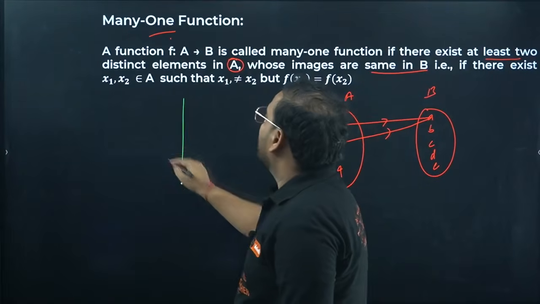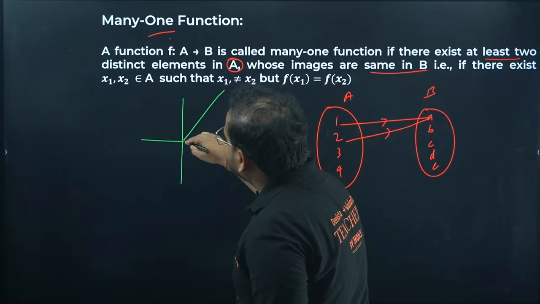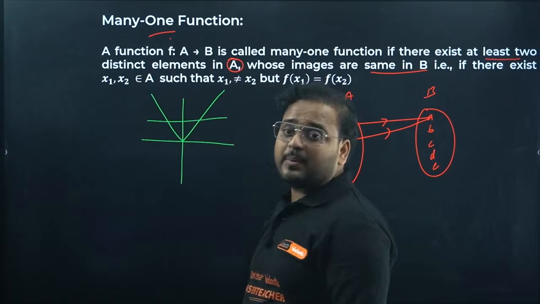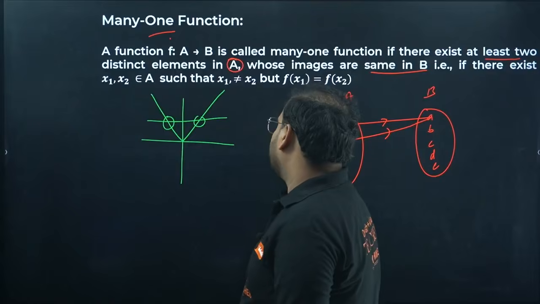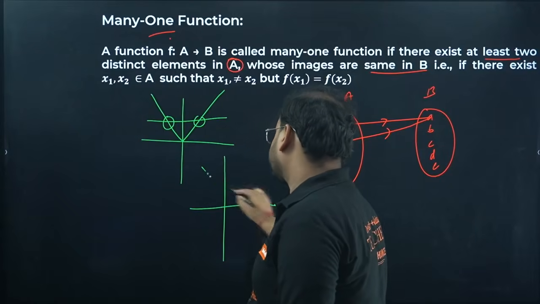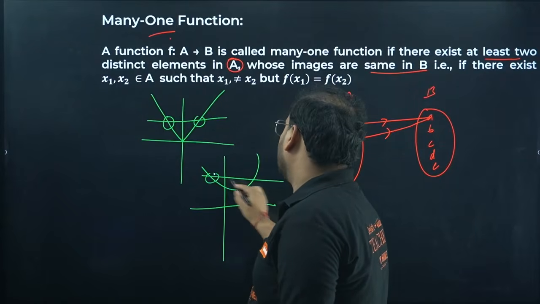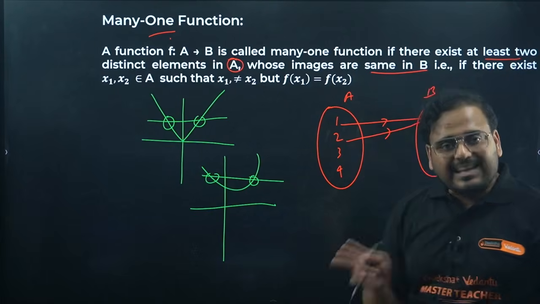For example, mod of x: how many intersections? 2, so not 1-1. If I take a parabolic curve, again not 1-1. Getting my point, right?